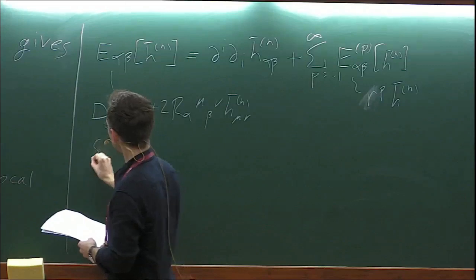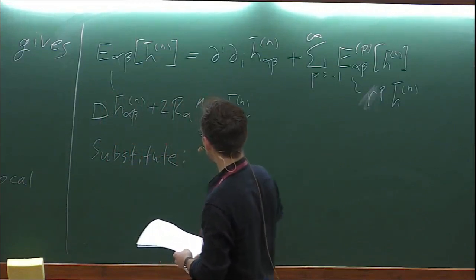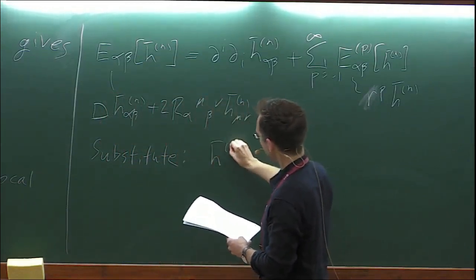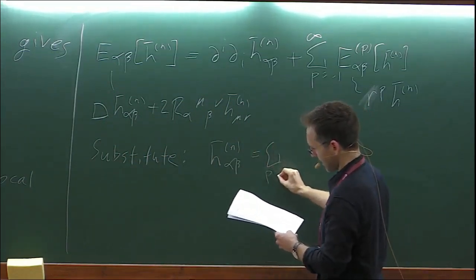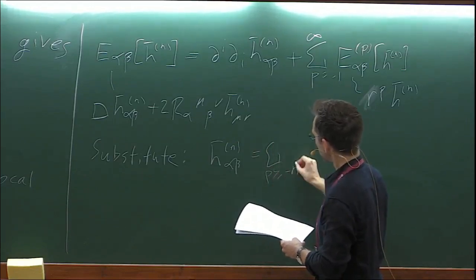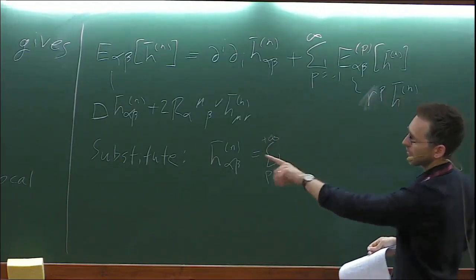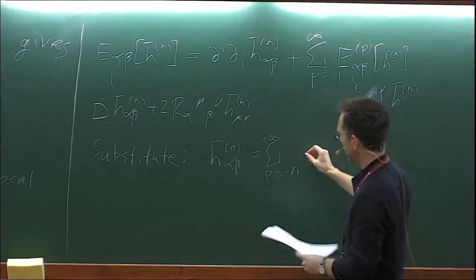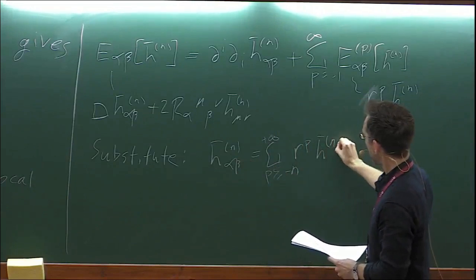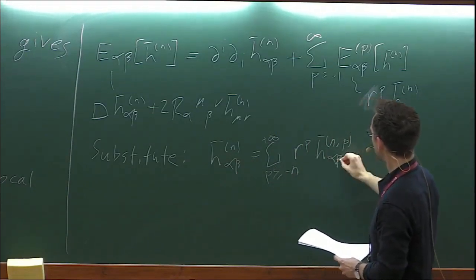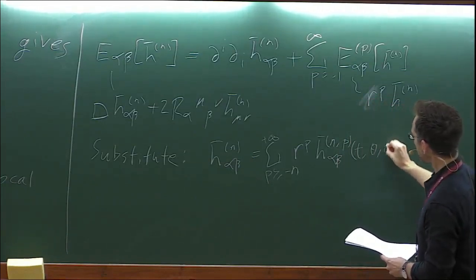So if we substitute an expansion that h bar n is a sum over powers of R, starting at order minus n. So for n equals 1, it's 1 over r. For n equals 2, it's 1 over r squared. R to the p h bar n p alpha beta, where these are now functions of t theta phi.